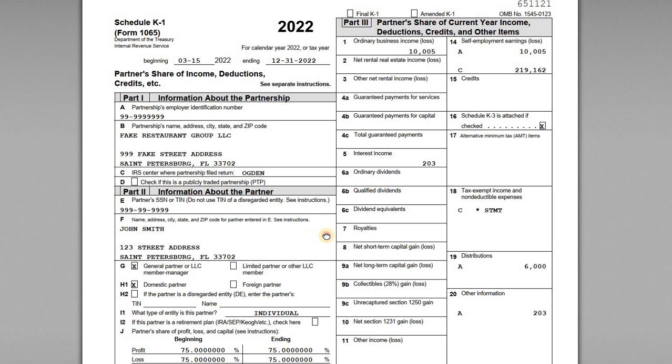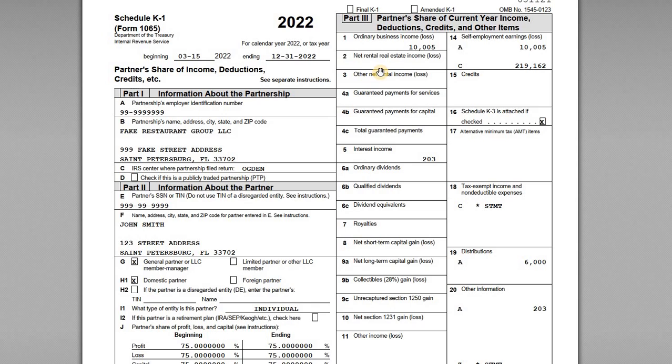So this is John's K-1, and the K-1 shows an allocation of the items to each partner. Now you can see here on lines 4A and 4B, these are zero, right? And this is because all of the $24,000 that was paid went to Jane, so it has to be specially allocated to Jane. John doesn't get any of it.